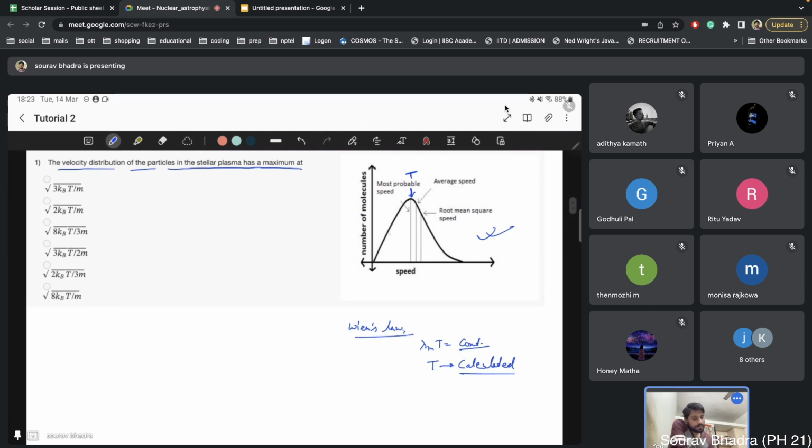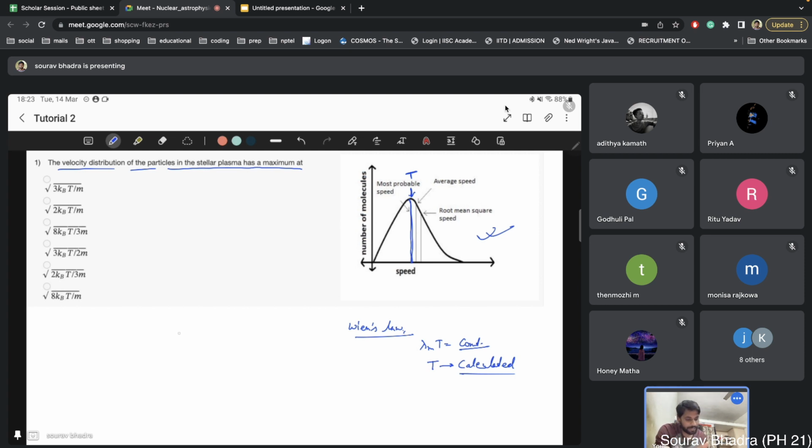You can see that this peak follows the most probable speed of the distribution. That means the particle with the most probable speed will be at the peak of the spectra.